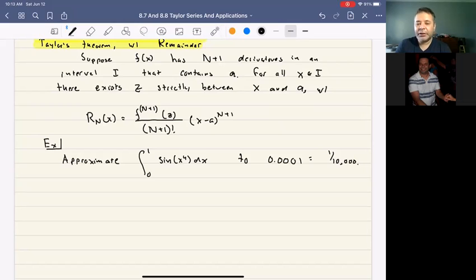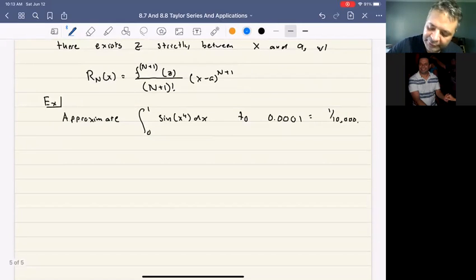So we're going to start with the approximation of sine of x to the fourth.